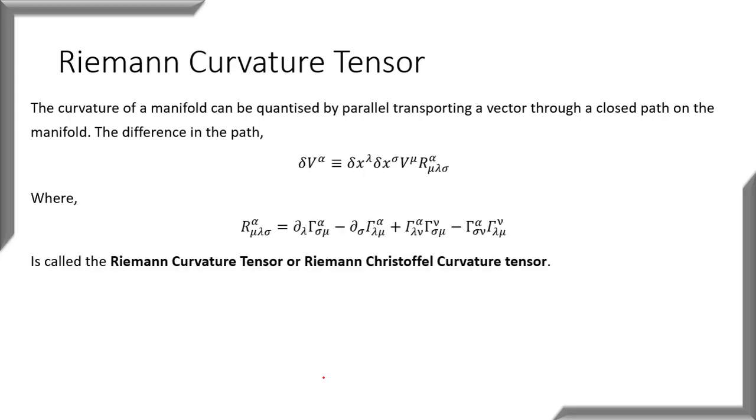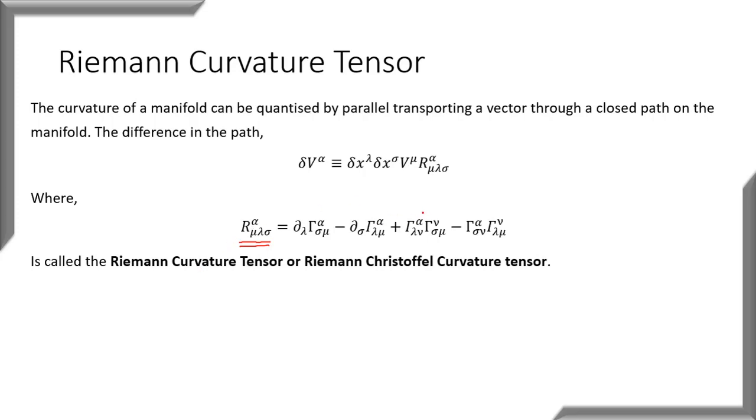And here R alpha mu lambda sigma is equal to this format, that is partial derivative of a Christoffel symbol minus partial derivative of another Christoffel symbol with a combination of 2 different Christoffel symbols. And this term over here is called the Riemann Curvature Tensor or Riemann-Christoffel Curvature Tensor. It is commonly known as Riemann Curvature Tensor or just Curvature Tensor.